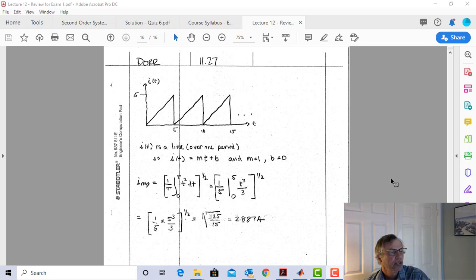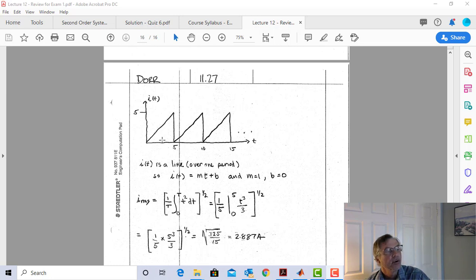Okay, let's move on, and we are going to work with a waveform here. It's a current waveform, and we want to find the RMS value of this waveform. And this waveform, we actually call it a sawtooth in industry. You can kind of guess why. But we see that it's a periodic waveform, and the period is 5 seconds, because every 5 seconds it repeats.